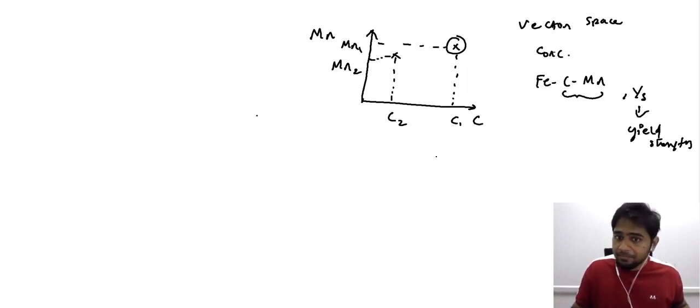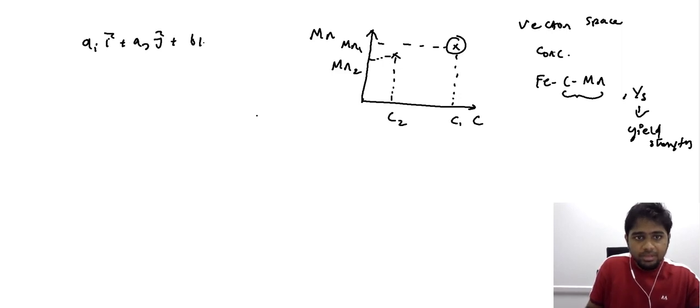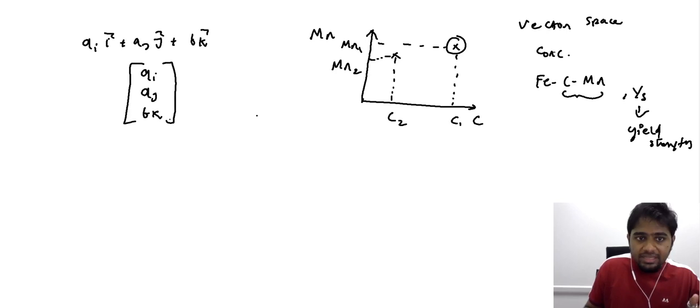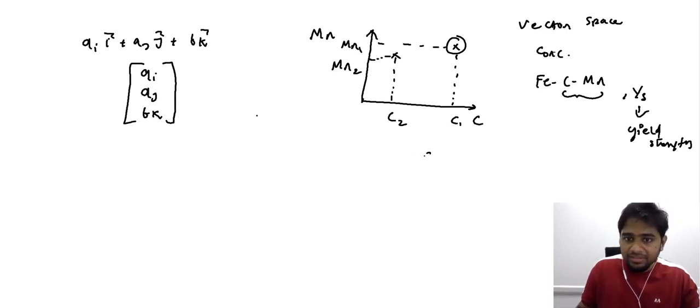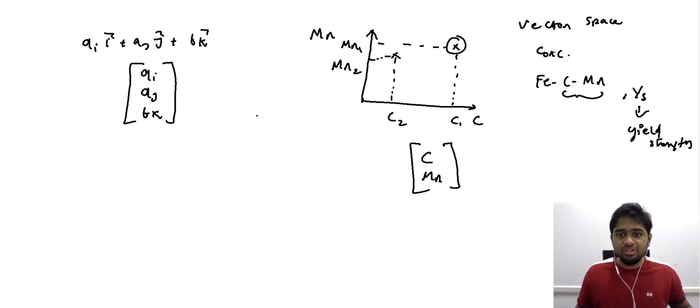Initially, we saw that a vector of this form, Ai, Aj and Bk, can be represented as a column matrix. In the same way, this ternary concentration can be represented initially as C and Mn. Now this is a two-dimensional vector. This creates a two-dimensional vector space.